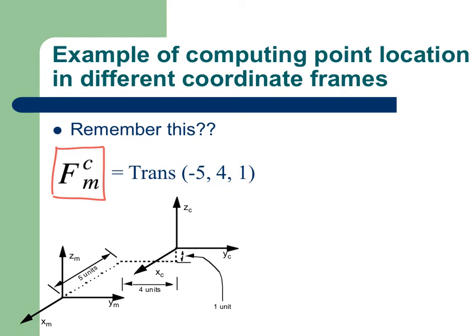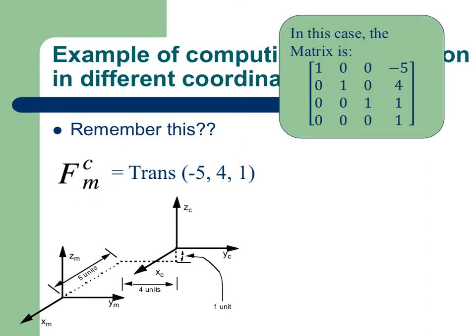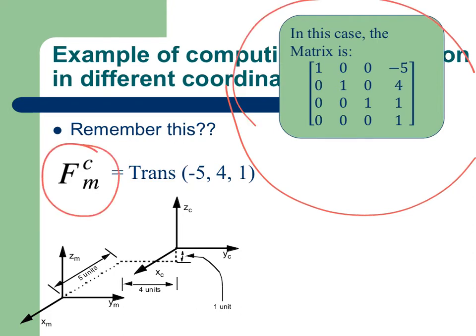How did I align the M coordinate frame, which looks like it's this one here, with the C coordinate frame, which is this one here? And we said, if I'm in M coordinates, then I need to go -5 units in the X direction, +4 units in the Y direction, and then up 1 unit in the Z direction. And this is the matrix that represents F from M to C.